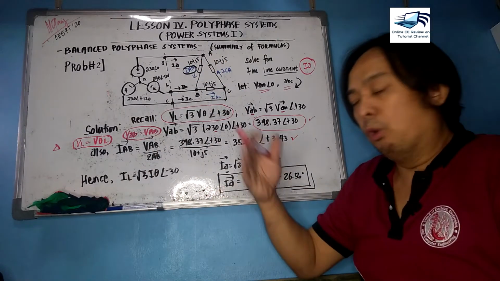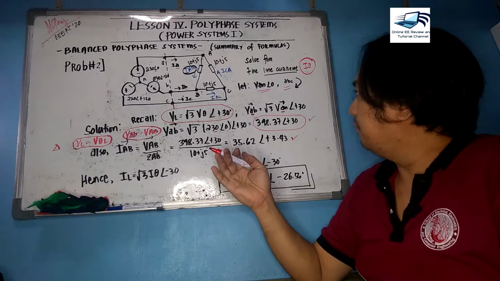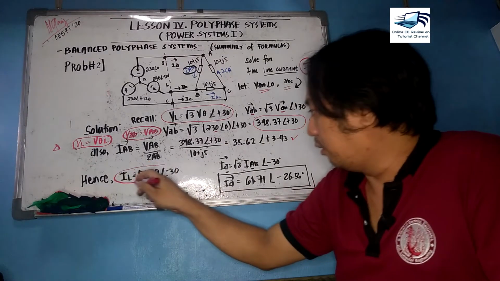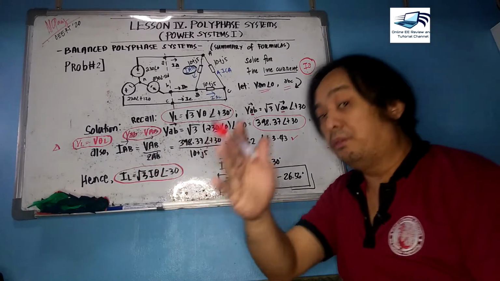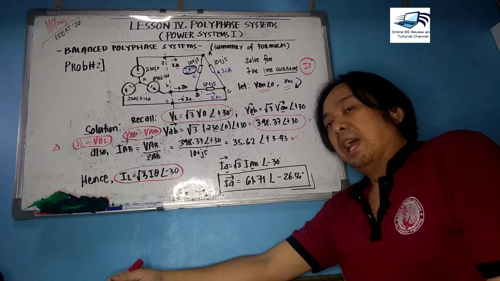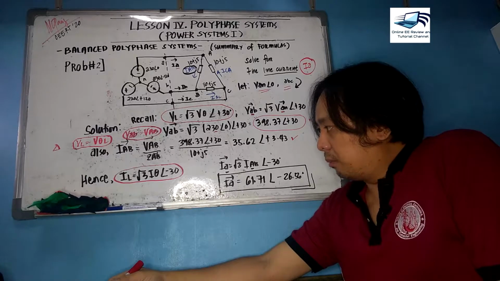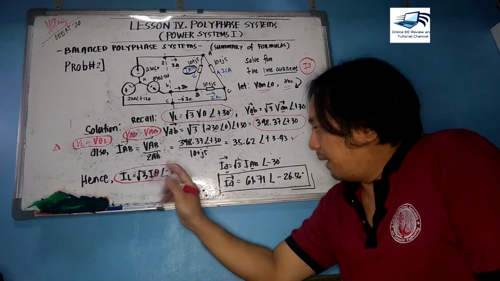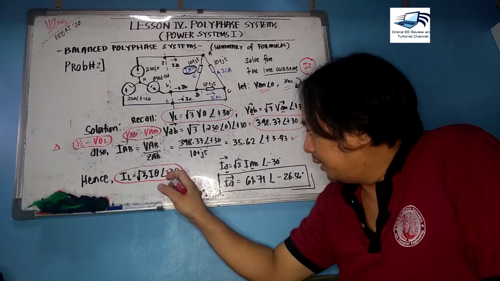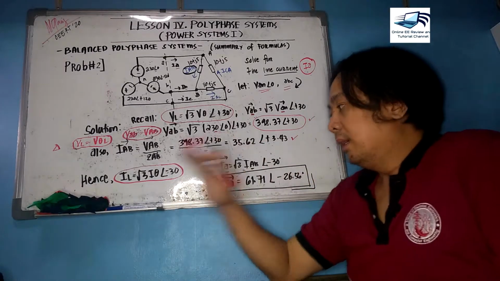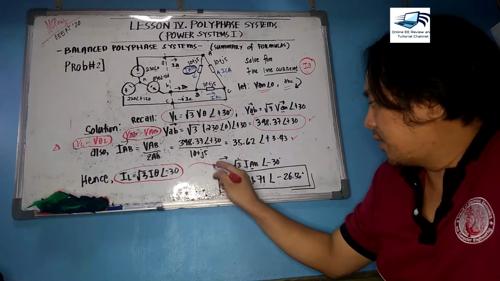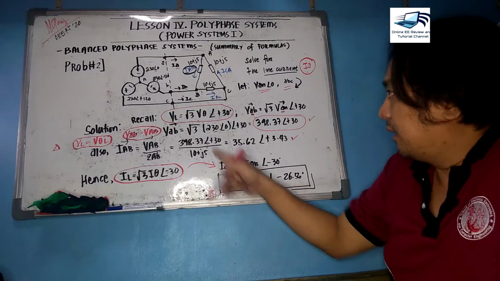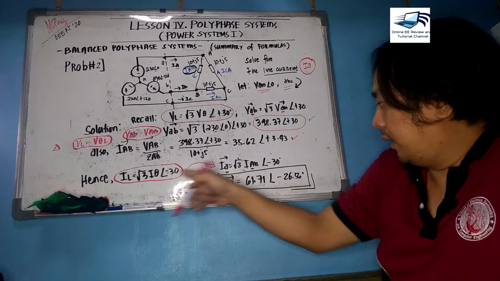So, go back to the basic fundamentals again. We have an ABC sequence, another recall, another notification bell on the video, that IL is equal to square root of 3 times I phase in magnitude, but it lags by 30. Don't forget the negative 30 there, lags by 30 degrees. Hence, we need to coincide this in terms of letter: IL is IA, and the phase current is IAB.